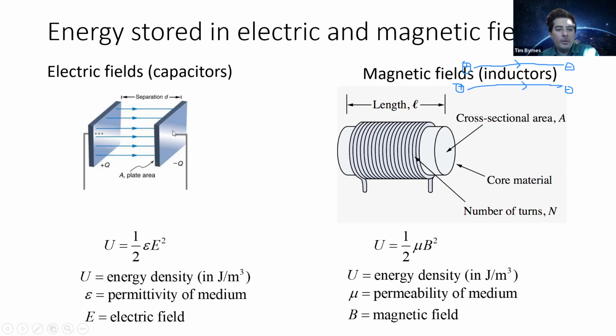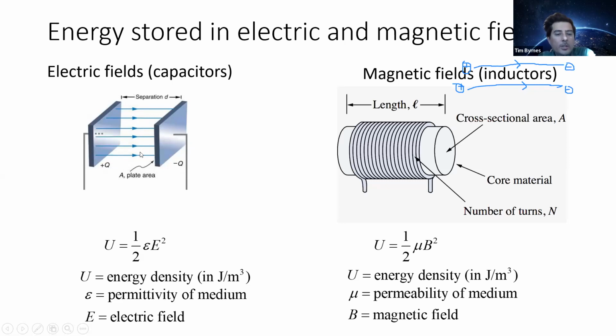So here, if you've got a charged capacitor, then you'll have electric fields between the plates. And actually the energy inside the electric field is something like the electric field squared. Okay? So the capacitor stores the energy by creating an electric field. Sorry, what did I just say there?